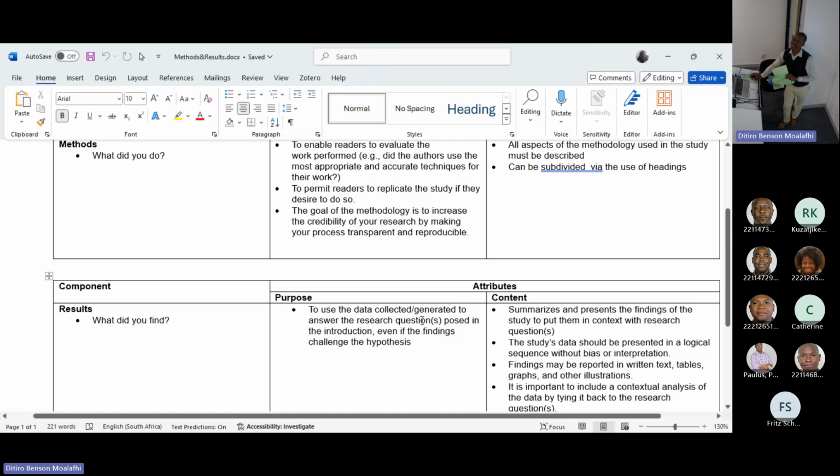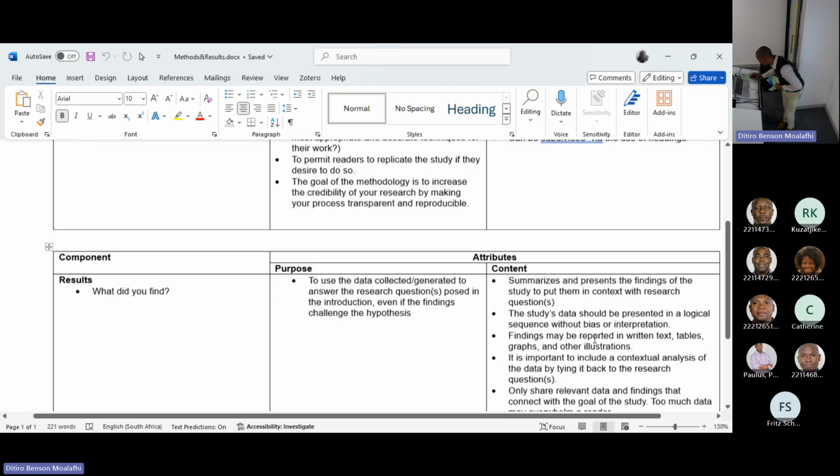They may not explicitly be posed there, but from the introduction, as you go from the broad to the narrow approach, you look at the broad topics, the issues which are emerging and the gaps that you're identifying, moving to the specifics of your research area, and maybe even your local context. One would pick exactly what the issues are, what could be the hypothesis, what is the research question. So it's to answer these, even if the findings challenge the hypothesis, which is very key.